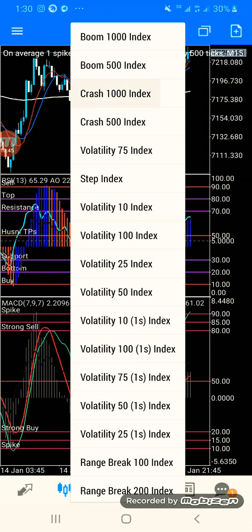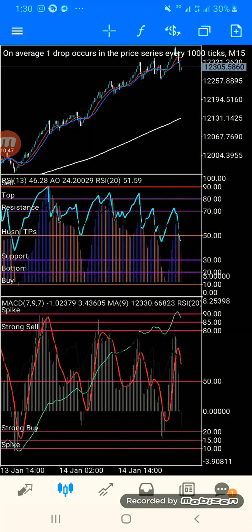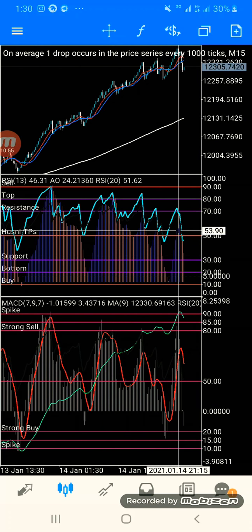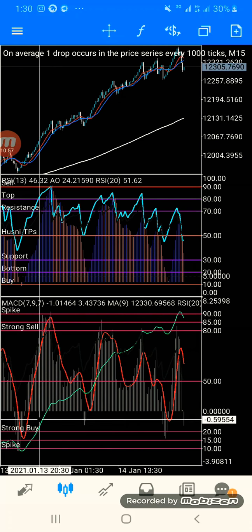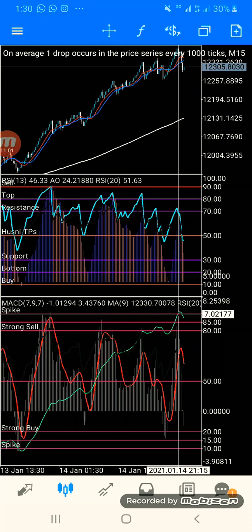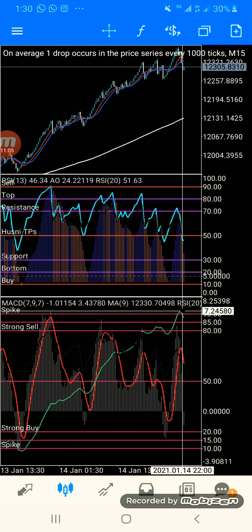Let us click Crash. We cannot really trade against the sellers right now, because if we buy, it will spike more, because as you can see, the trend is up. It is high now. Price is higher, so it can fall, so we cannot buy.